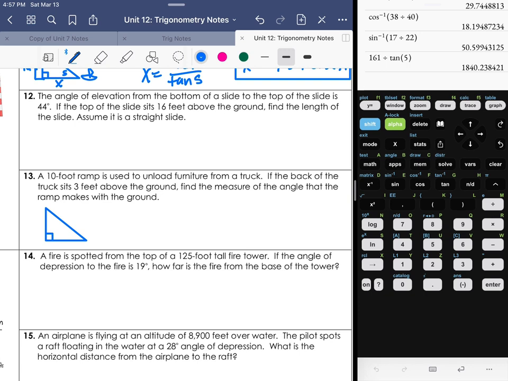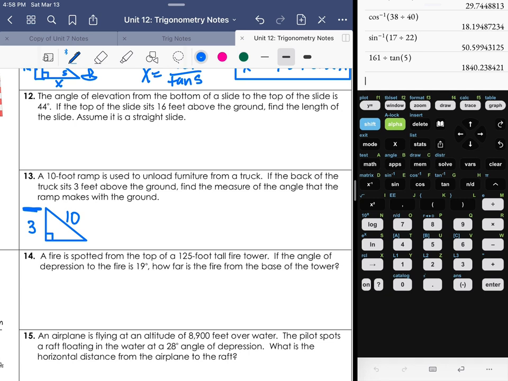Okay, so this is written real crazy. We know that the truck has a 10-foot ramp. Well, obviously that's talking about the hypotenuse because it's the only one that makes a ramp in the picture. And so what we're saying is the truck bed is up here 3 feet above the ground. Then it says, find the angle that the ramp makes with the ground.